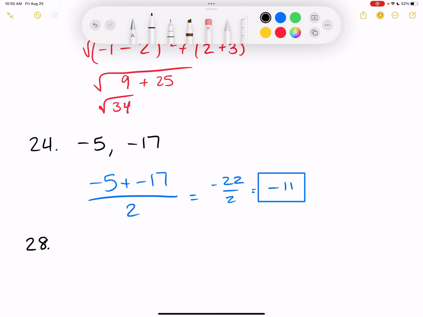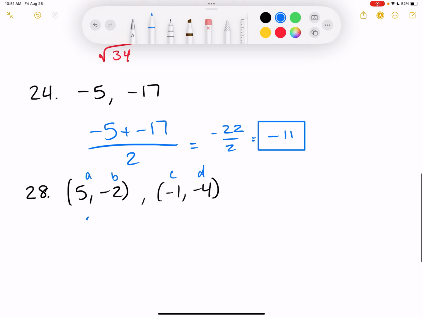Uh, 28, so the same instructions, they're just actually giving us 2 points now. So this is 5, negative 2, and negative 1, negative 4. So this is the formula that's A plus C, and so that would be A, C, this is B and D. So A plus C divided by 2, and then B plus D divided by 2, and that gives you the midpoint between the 2 points.